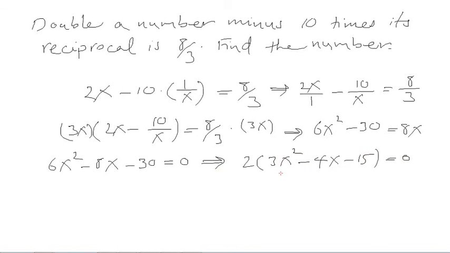Okay, and for this equation to hold, this quadratic trinomial has to be 0. Let's find delta. Delta is negative 4 to the power of 2, b squared minus 4ac, negative 15.